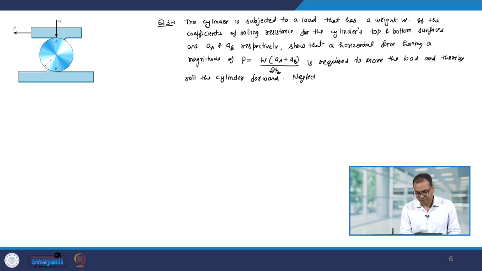And it is given that we neglect the weight of the cylinder.